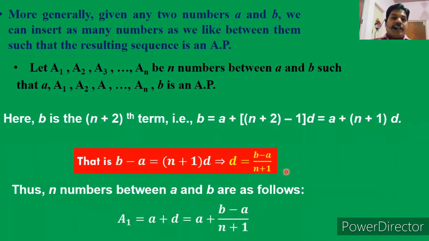An is a plus n into b minus a by n plus 1. You can calculate all these arithmetic means. If they give you two numbers and ask you to insert n arithmetic means between a and b and find the arithmetic means, these are the formulas you have to use in the questions. All are understood, students?